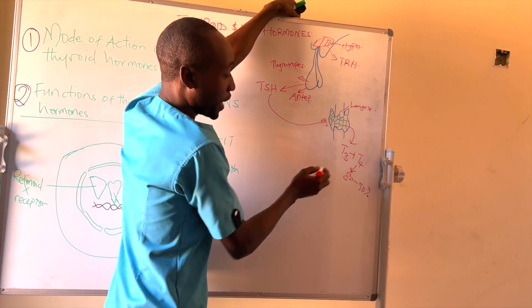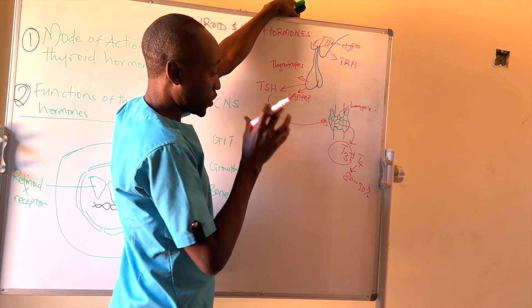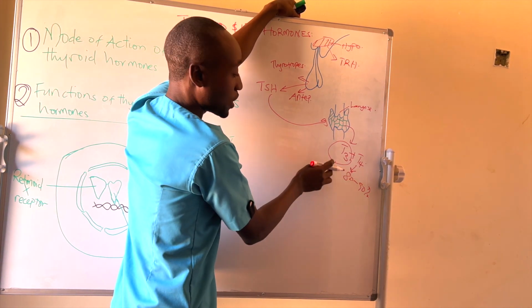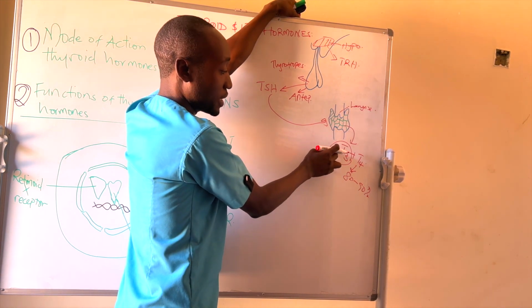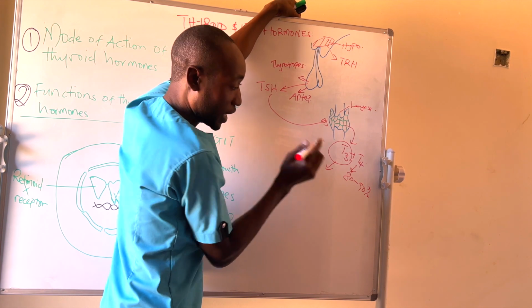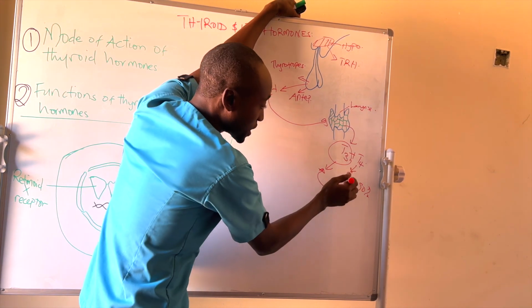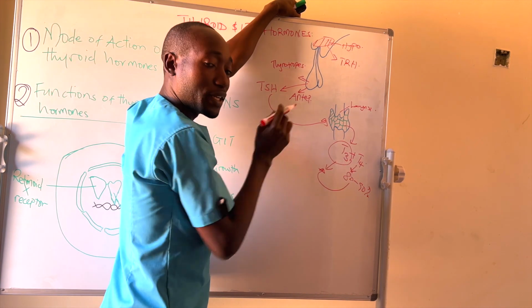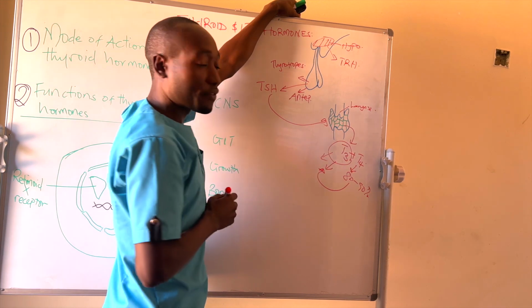But also do not forget that T3 is the active form of the thyroid hormones, okay? So this is the one that actually exerts effects in the different cells. Therefore, the body is also very wise. It converts T4 to T3 in the different target organs to be able to exert the different effects.